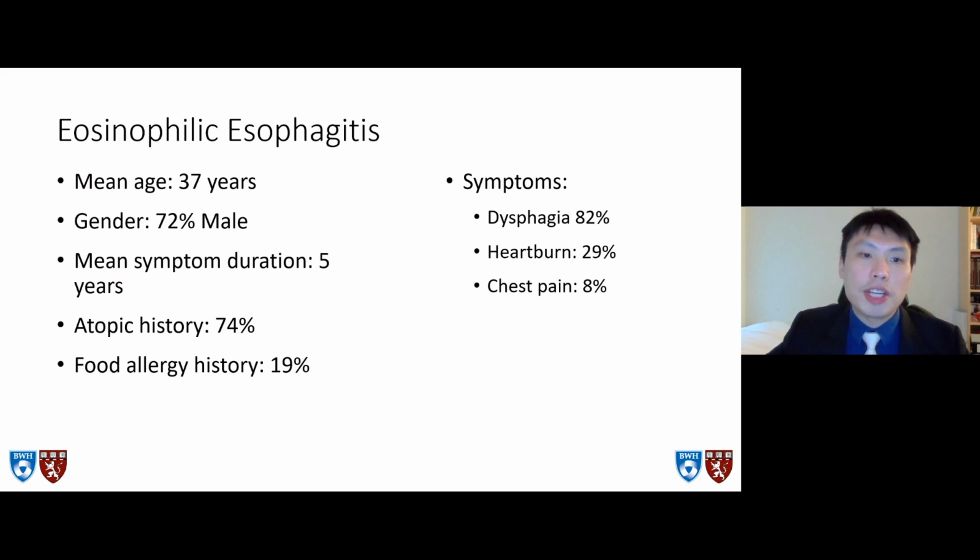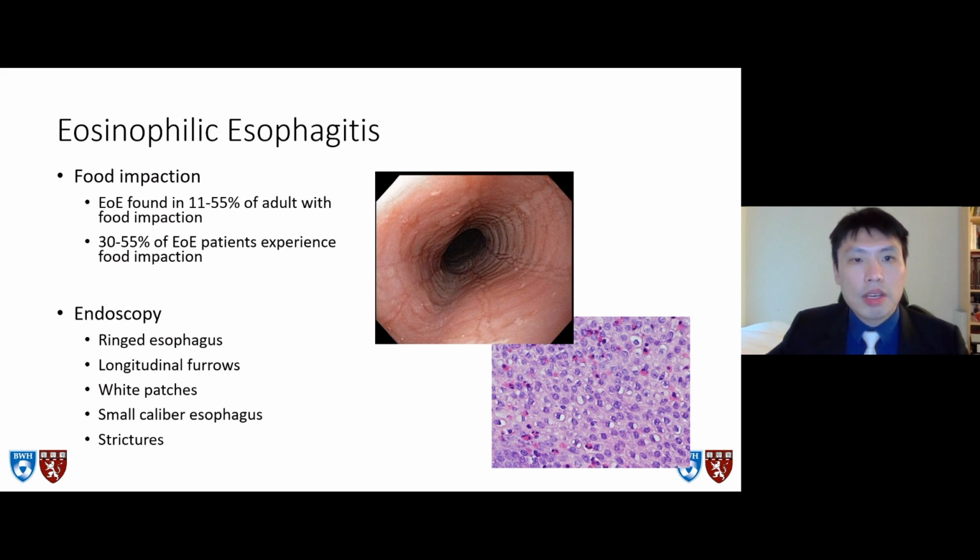The mean symptom duration before diagnosis is usually 5 years, and the vast majority of these patients have a history of allergic conditions. The main symptom is dysphagia in up to 82% of patients, but some patients may also report heartburn and chest pain. Food impaction is common among patients with eosinophilic esophagitis. Up to 55% of adults with EOE have an episode of food impaction.